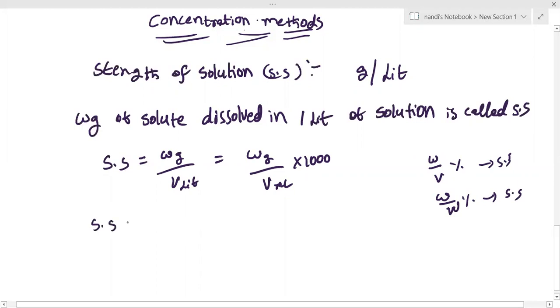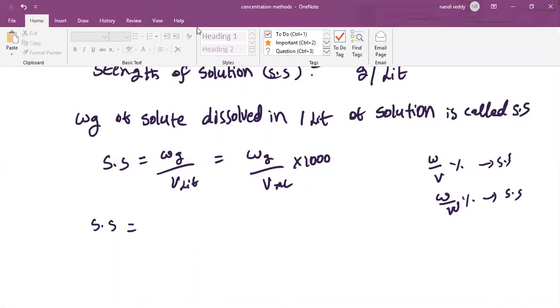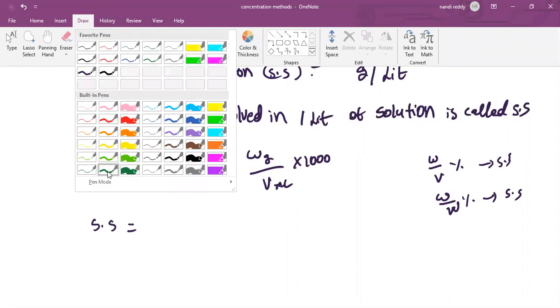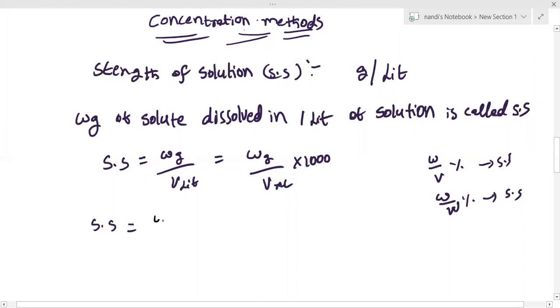So strength of solution equals W grams by V ml into 1000.